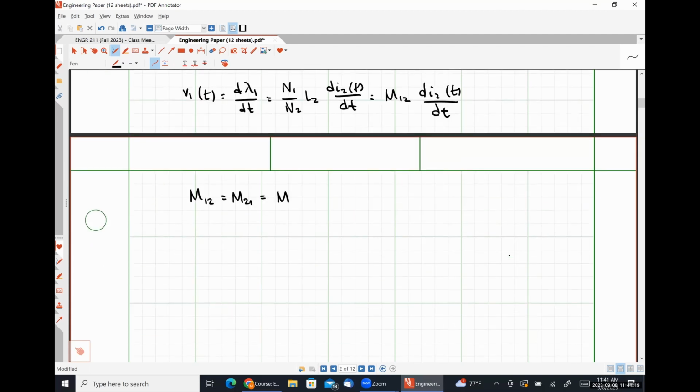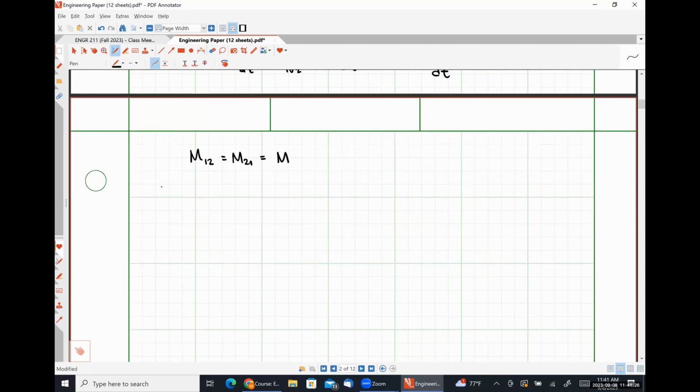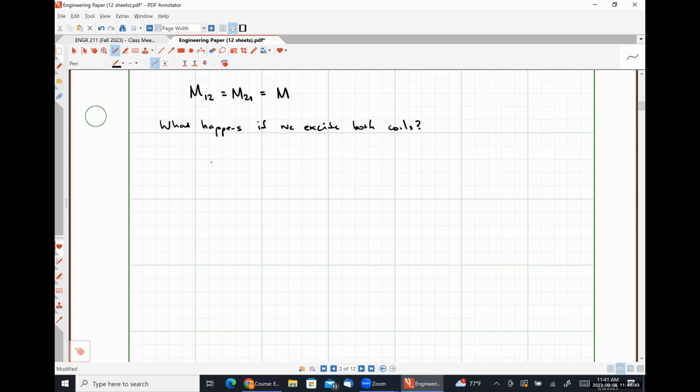What happens if we excite both coils? So if we have a system like so, where we have some sort of time varying excitation, and over here we have some coil 2.